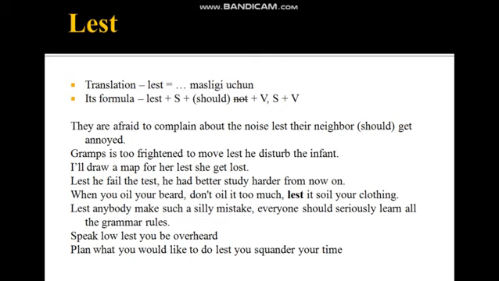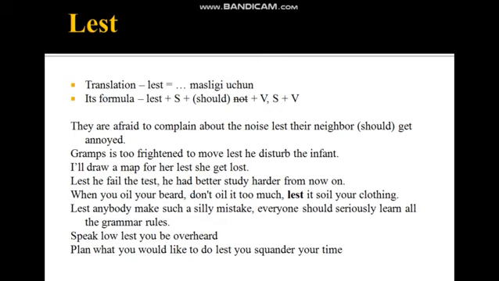See, that sounds wrong in terms of verb agreement, but in a way, there is a "should," even if you omit it. Okay, that sounds so confusing. Now let's read the examples. They are afraid to complain about a noise, lest their neighbor, see, their neighbor is equal to he or she.